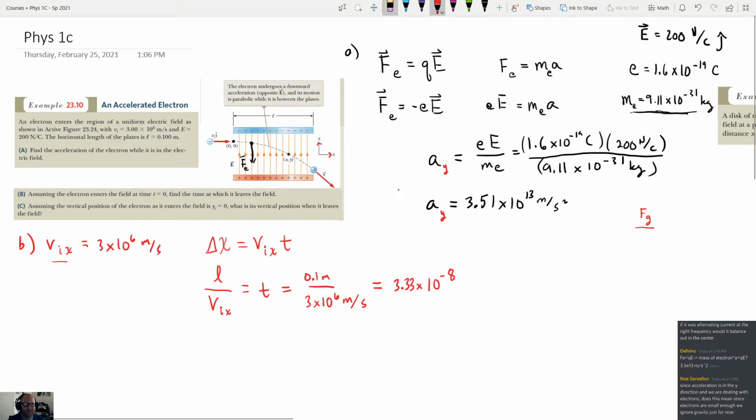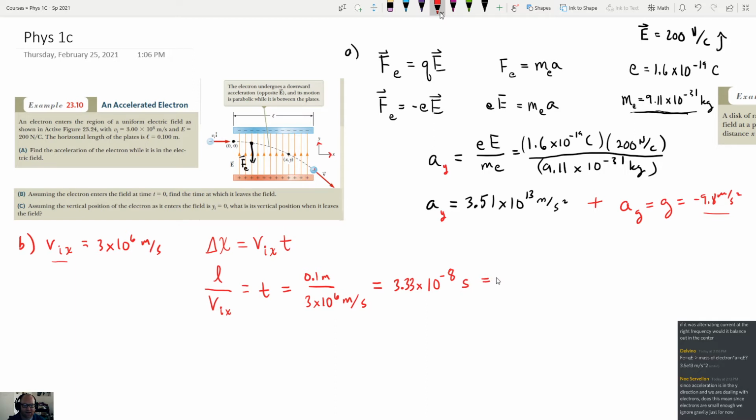Well, this is a silly thing to do because we already know what it is, right? The acceleration due to gravity is equal to g, or negative 9.8 meters per second squared. And then if you want to find the total acceleration, you'd basically add these two, right? But you can see that this number is super, super tiny compared to 10 to the 13. So it makes no difference.